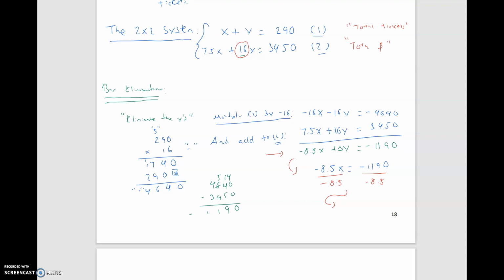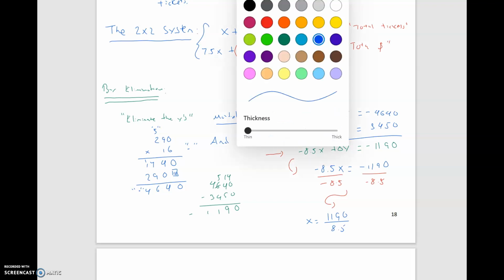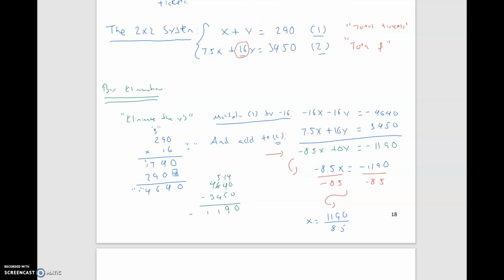We're going to be looking at x is equal to, and I'm just going to cancel the negatives, so 1190 divided by 8.5, and let me multiply times 10 times 10. So we're looking at 11900 divided by 85, and these are two zeros.